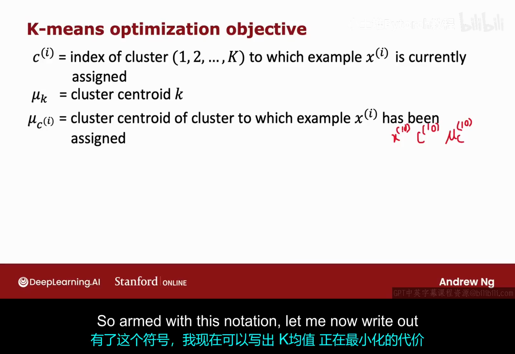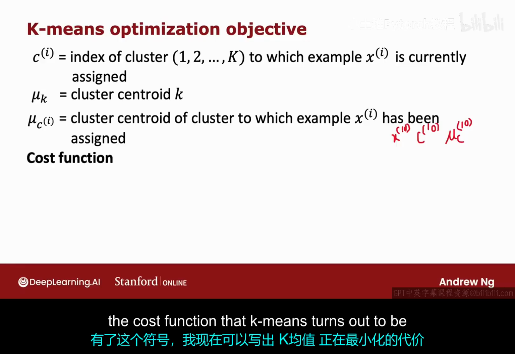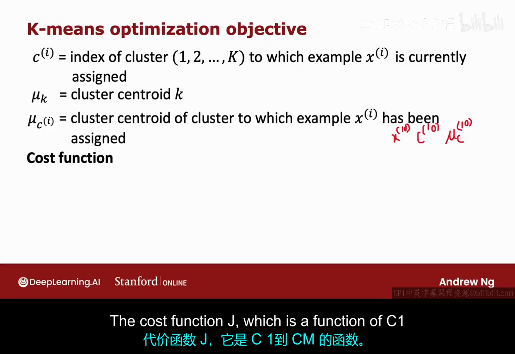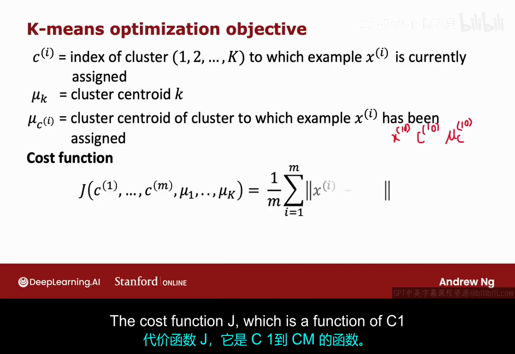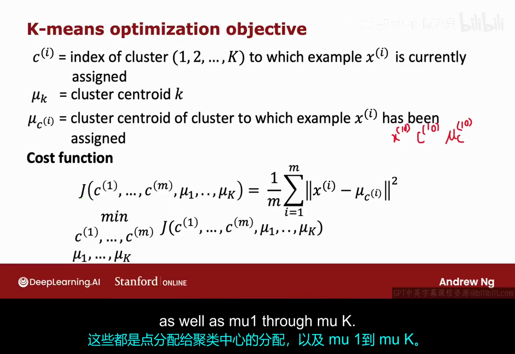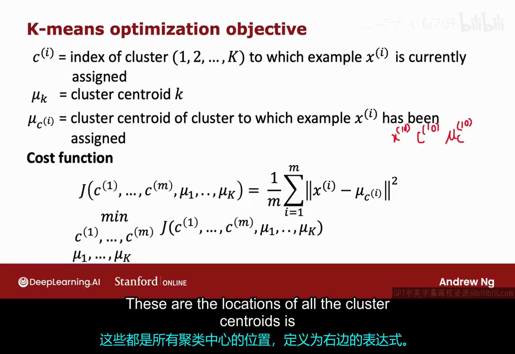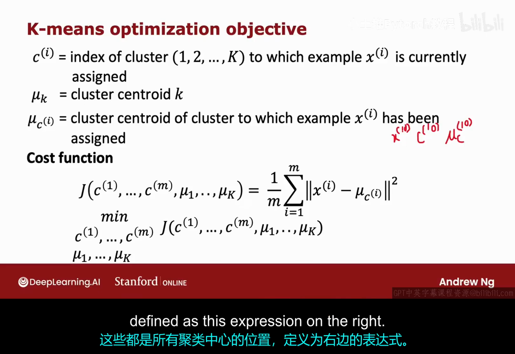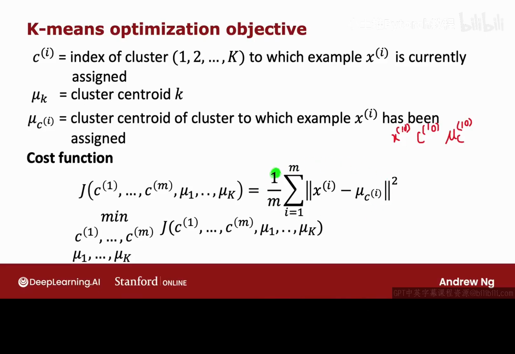So, armed with this notation, let me now write out the cost function that k-means turns out to be minimizing. The cost function J, which is a function of C1 through Cm, these are all the assignments of points to cluster centroids, as well as mu1 through mu capital K, these are the locations of all the cluster centroids, is defined as this expression on the right.